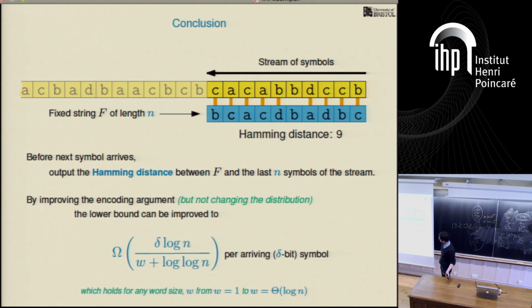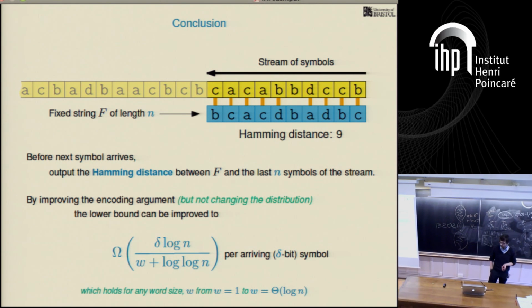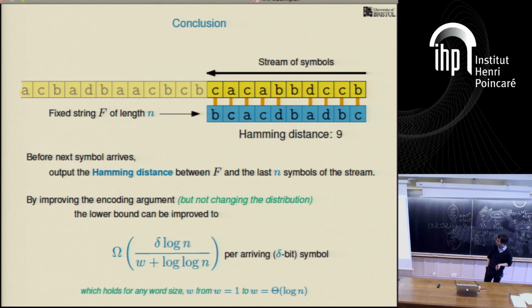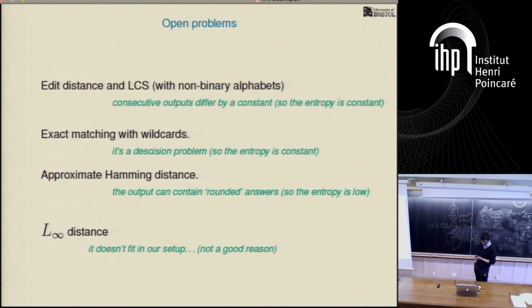Actually, by improving the encoding argument, nothing to do with the distribution, just change the encoding argument, you can improve this lower bound to delta log n over W plus log n, and now you are permitted to choose whatever word size you like from 1 up to theta log n. Okay, so unless I will just end by telling you some open problems.